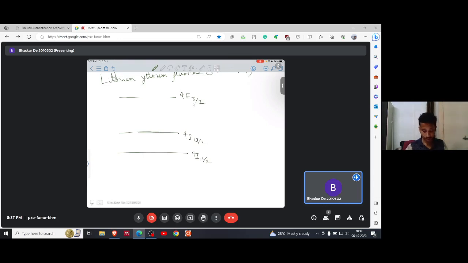If someone is wondering what these symbols are, these are spectroscopic term symbols, which I have discussed in the first 2 or 3 weeks, and also worked out some problems regarding that.